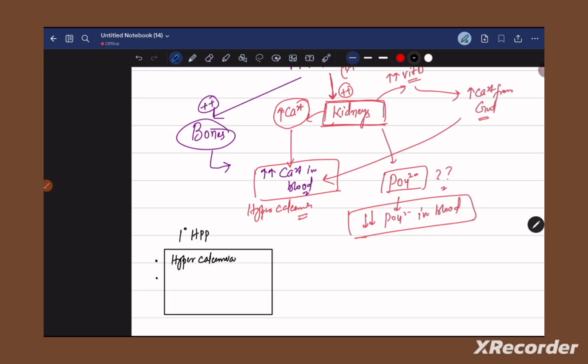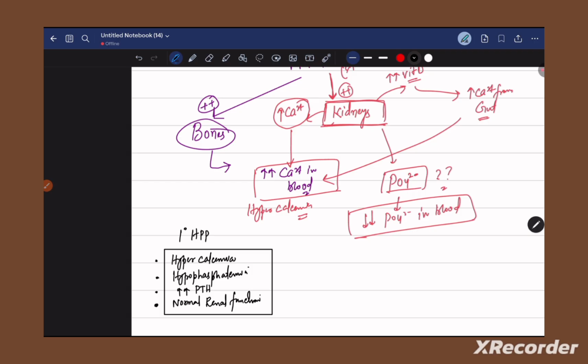Second, there will be hypophosphatemia, and third, there will be increased PTH. Fourth, there will be normal renal function.